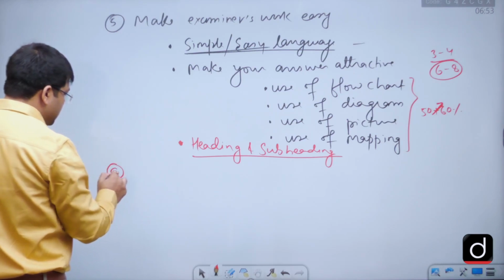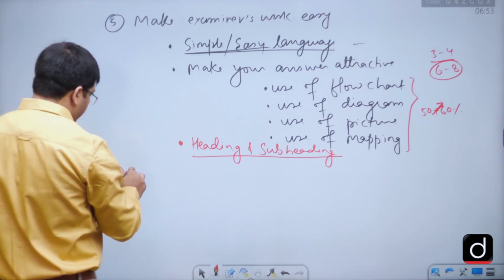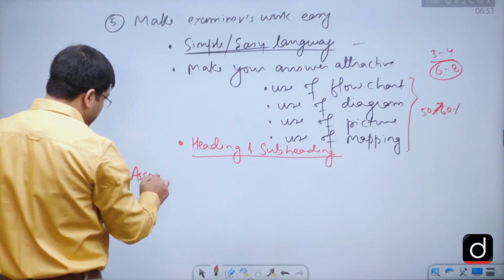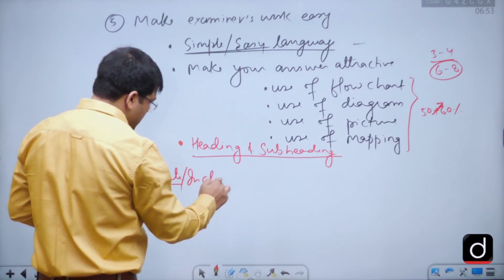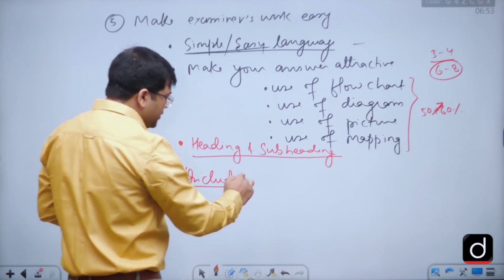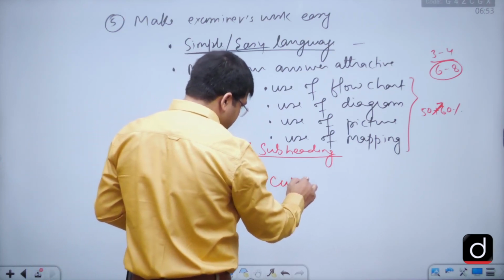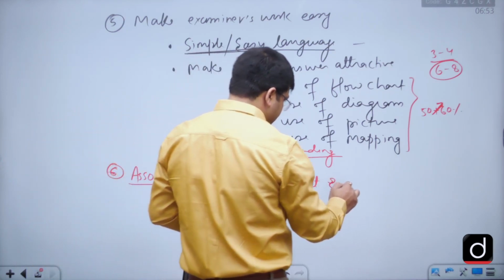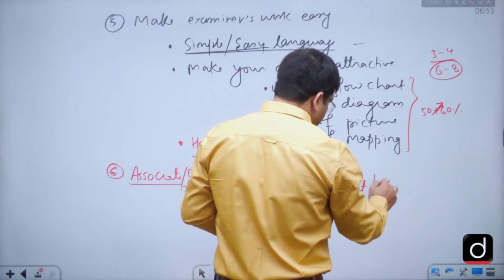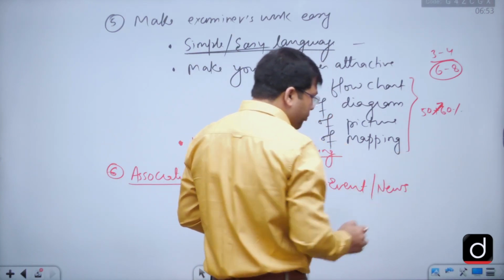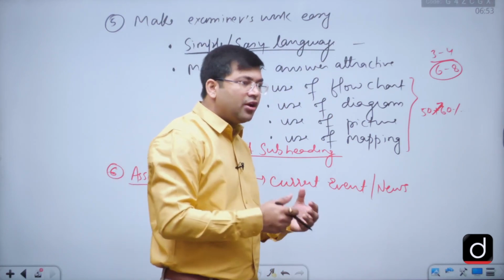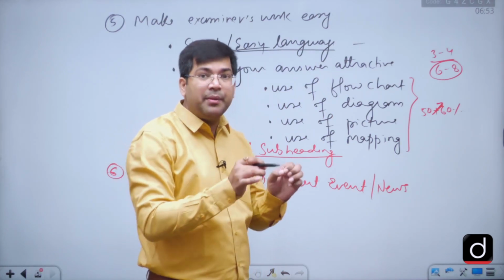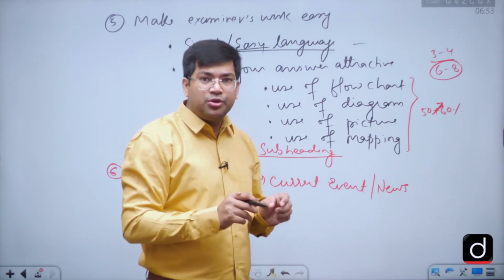Sixth is to associate or include some current event, news related to that topic. If you have some figure, fact, or name of an organization, and you remember it properly, do not make a guess.